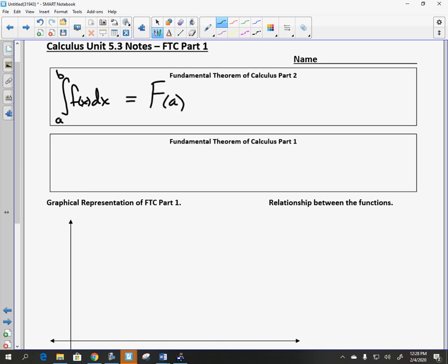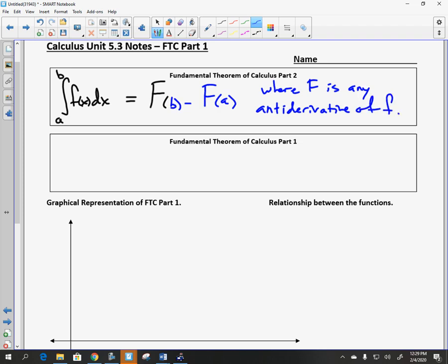Big F of b minus big F of a, where big F is any antiderivative of little f.